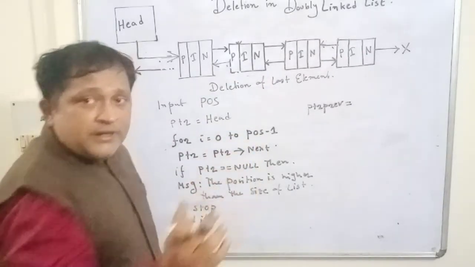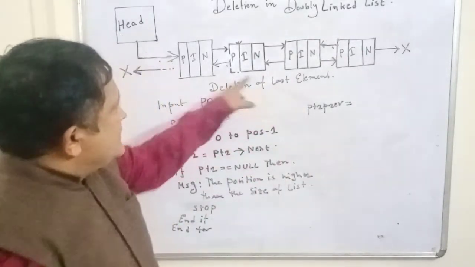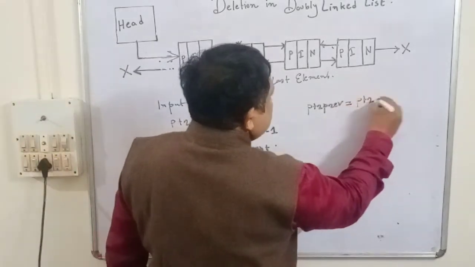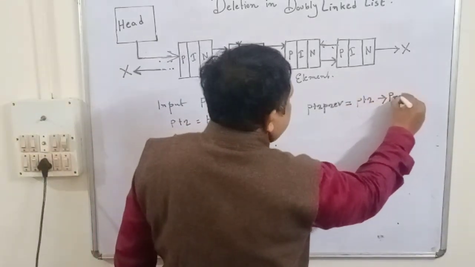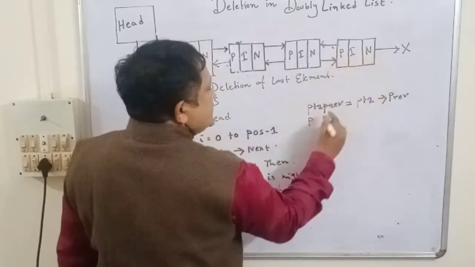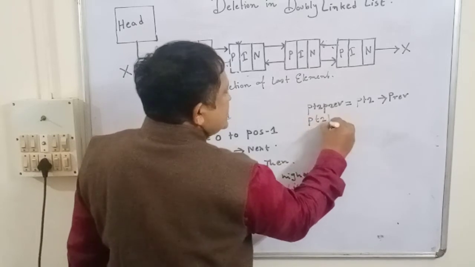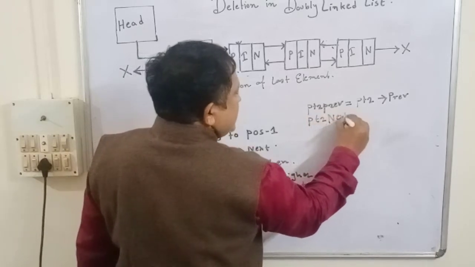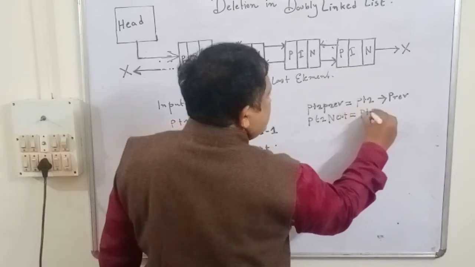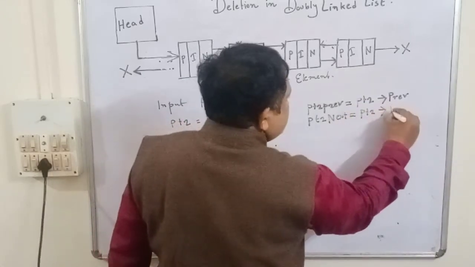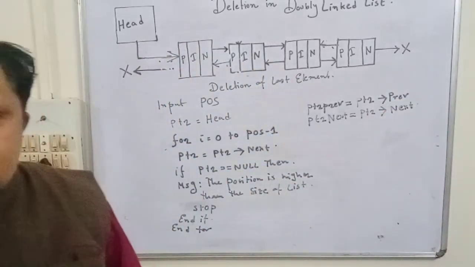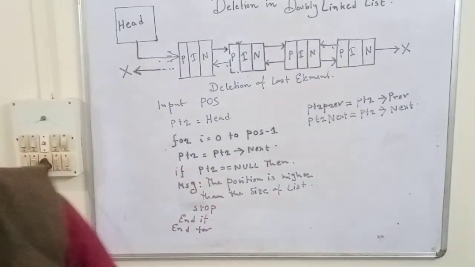So PTR prev equals PTR arrow previous. And PTR next is the pointer to the next node, holding the address of this node, so it is assigned PTR arrow next.